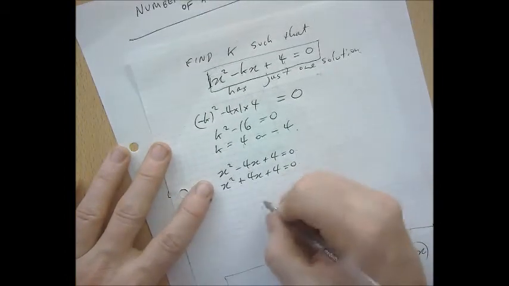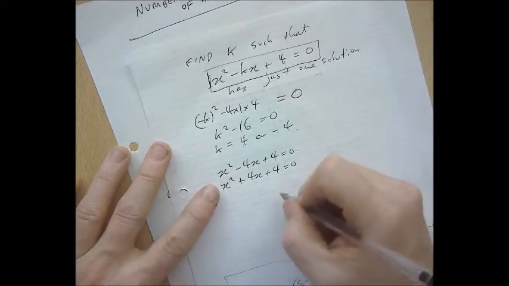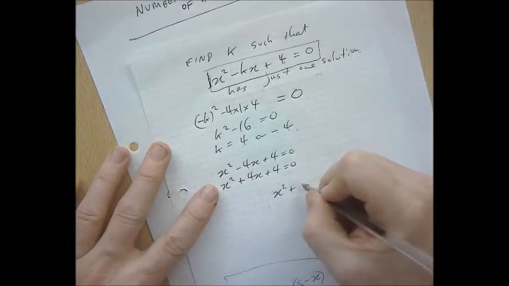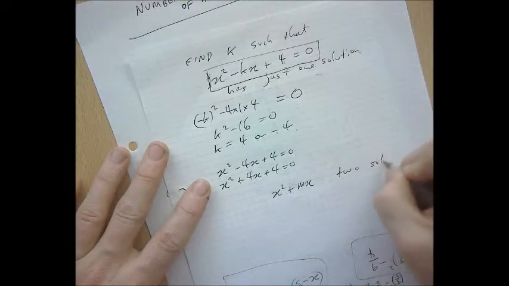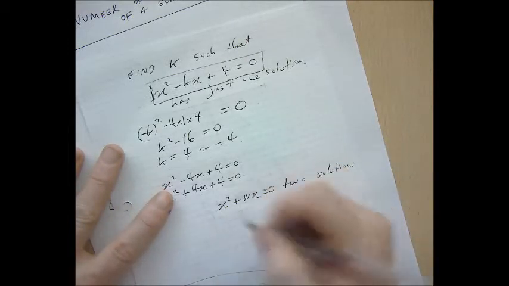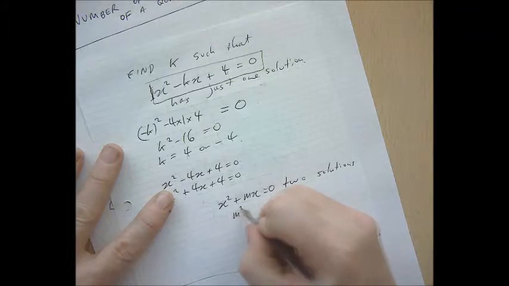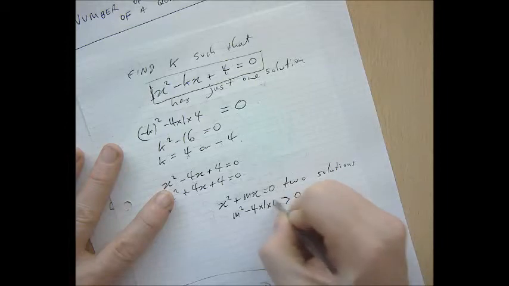I'll give you another example. What if it was, I don't know, x squared plus mx, and you want it to have two solutions? Well, if you want it to have two solutions, then b squared minus 4ac has to be positive. So b squared minus 4 times a times c had better be positive.